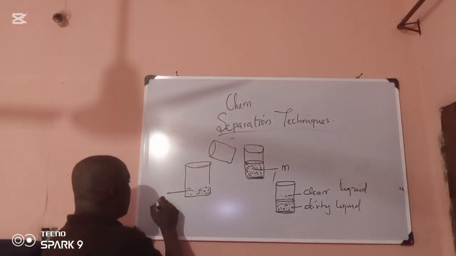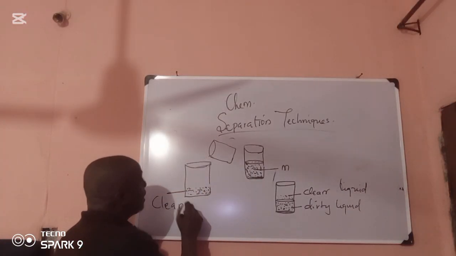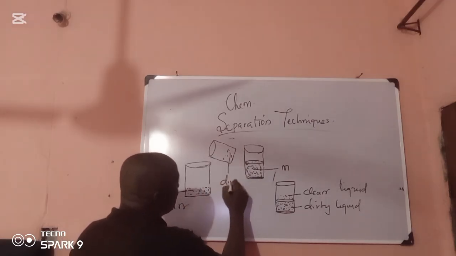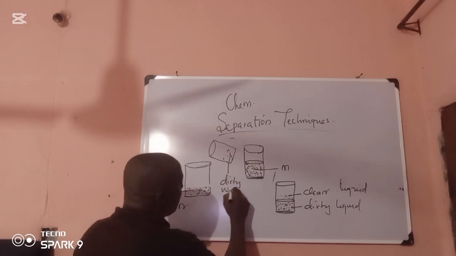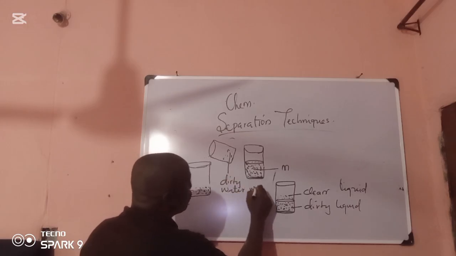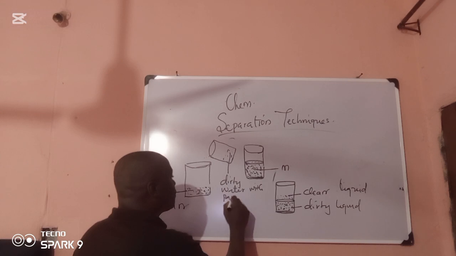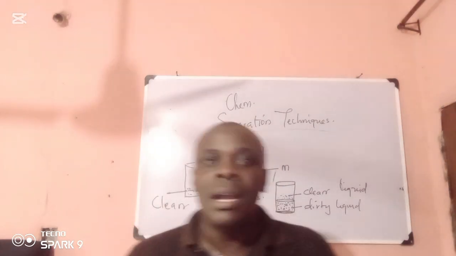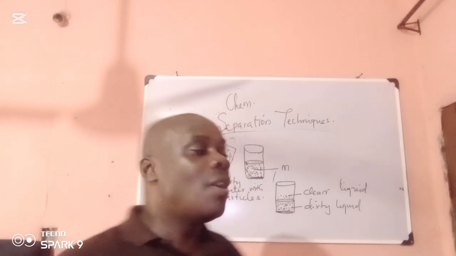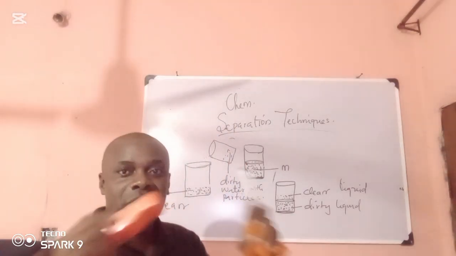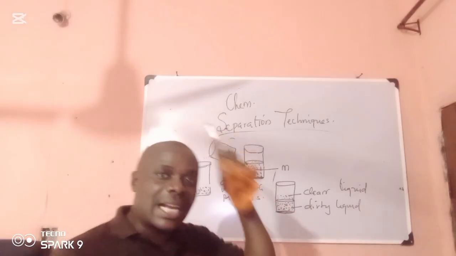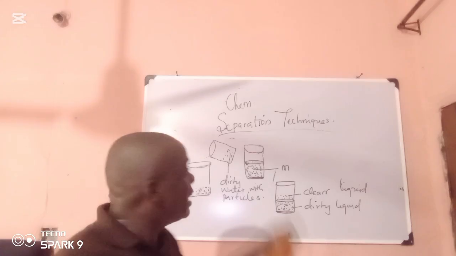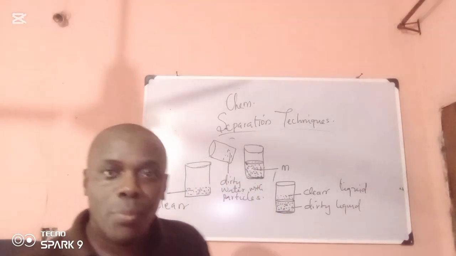Then you now have the clean water here, and inside here you have the dirty water with particles. So we are saying that when you separate the two samples through a means at which the clean one settles at the top and you run it off, remaining the dirty one, it is referred to as the decantation process.